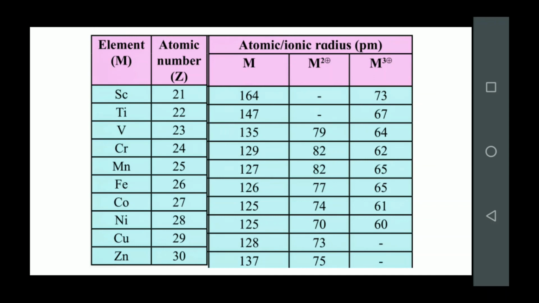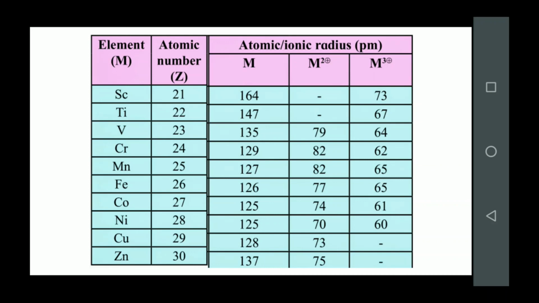So let's see vanadium. In vanadium the ionic radius is 79 in the +2 state and 64 in the +3 state. So you can see that when the oxidation state increases, that is, the charge on the metal increases, its ionic radius decreases, or its size decreases.